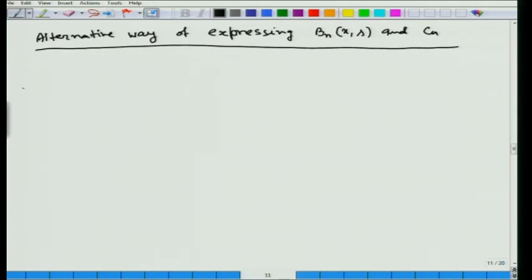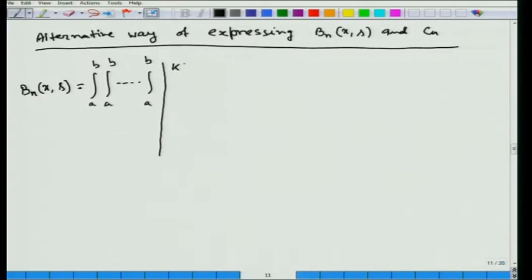So, first of all we define B_n(x,s) as the integral from a to b, up to n-fold integral from a to b, of the determinant whose first row is K(x,s), K(x,s_1), up to K(x,s_n).